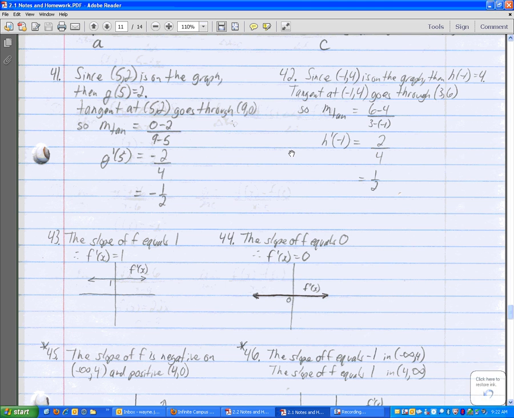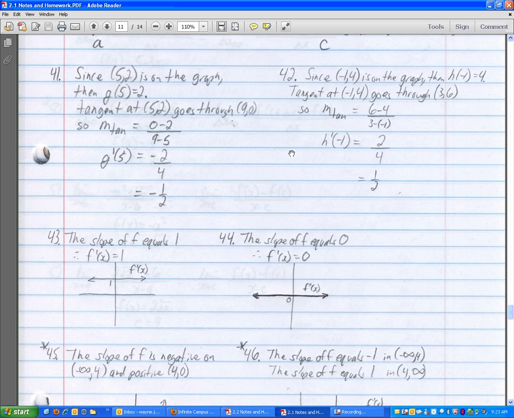Let's take a look at 41. The question says, the tangent line to the graph of y equals g of x at the point 5, 2 passes through the point 9, 0. Find g of 5 and g prime of 5. So they're telling us that the point 5, 2 is on the graph of g.